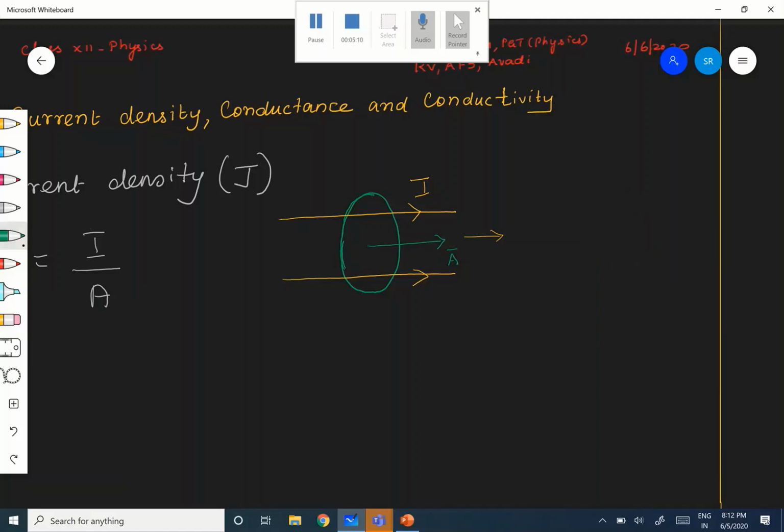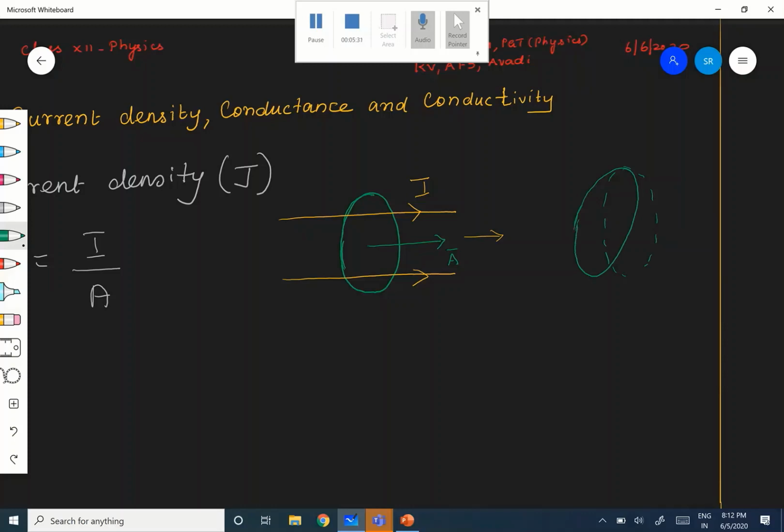This is the previous area that we have taken. Now I am slightly tilting the area of cross section like this.